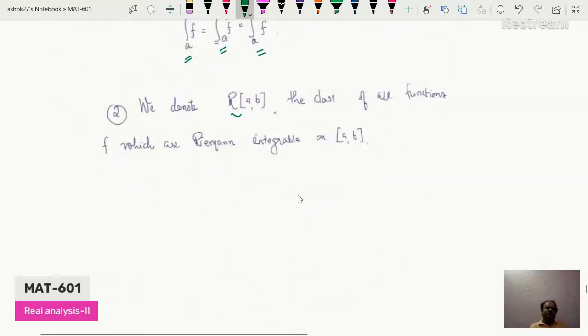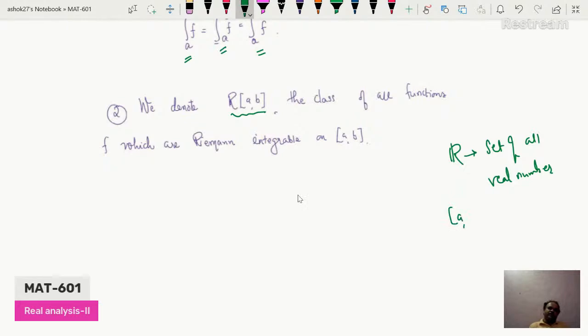What is the meaning of this notation R[a,b]? R stands for the set of real numbers, and this closed bounded interval [a,b] stands for functions defined on the closed interval [a,b]. So what is R[a,b]?